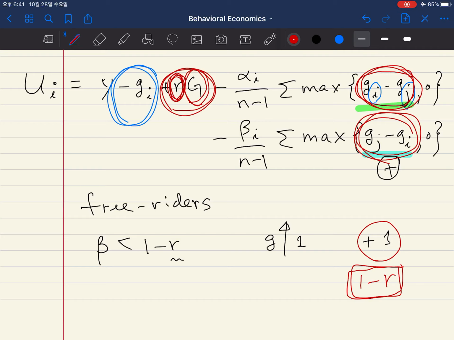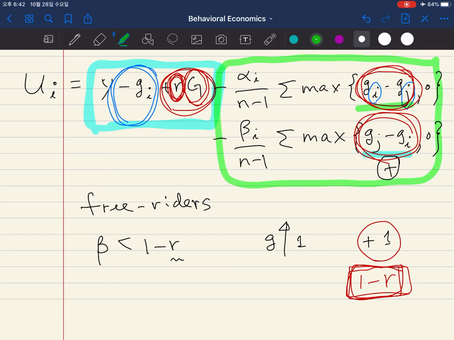And now we have to think about inequality. Here 1 minus R is the change in material payoff, in other words the change in this blue area. Now we have to think about the change in inequality. If this individual with beta less than 1 minus R contributes 1 unit of public good, what's going to happen to inequality?